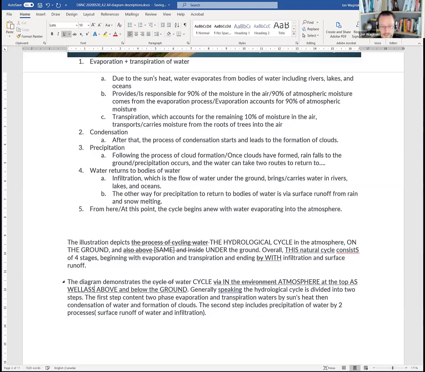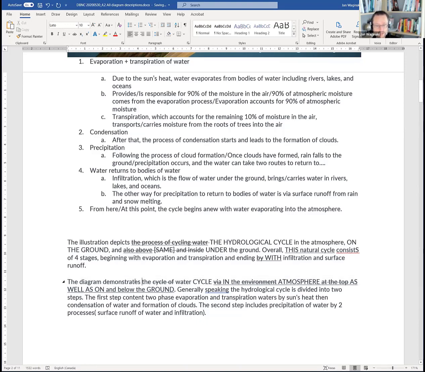As well as cycle in the atmosphere as well as on and below the ground. Is that okay? The diagram demonstrates a water cycle in the atmosphere as well as on and below the ground.